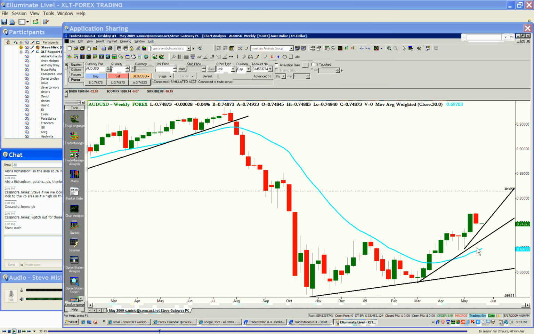You can use these trend lines as a guide on a weekly chart, but for taking entries, if you wait for a close above here, this weekly candle could close way up here, and then you're entering at the start of the next week. Or you could enter and get stopped out because this weekly candle could end up all the way down to your lower trend line.